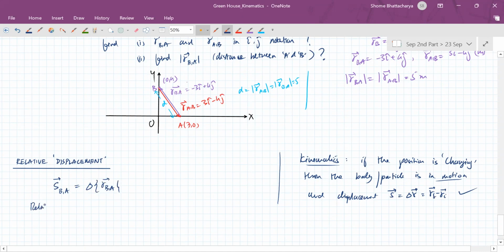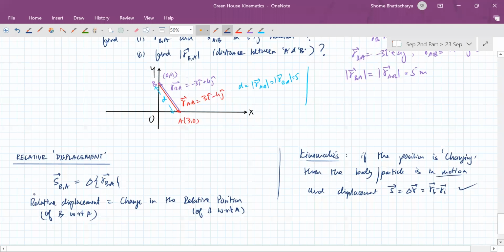So relative displacement of B with respect to A in this case becomes equal to the change in the relative position, again of B with respect to A.